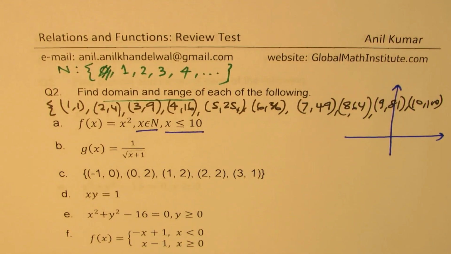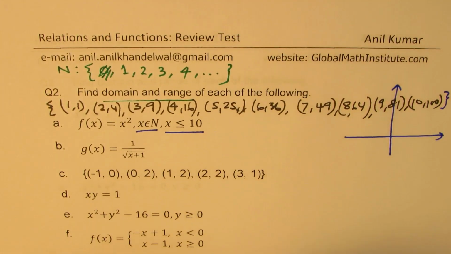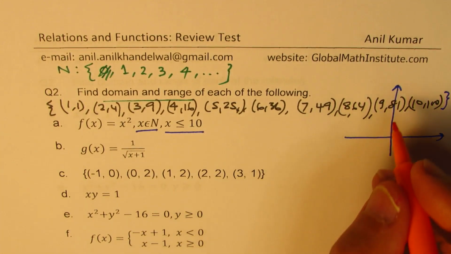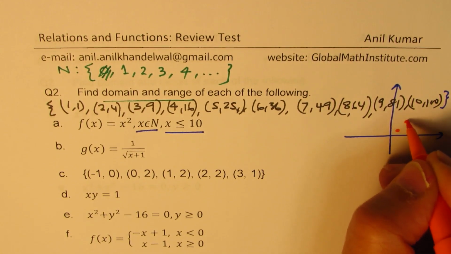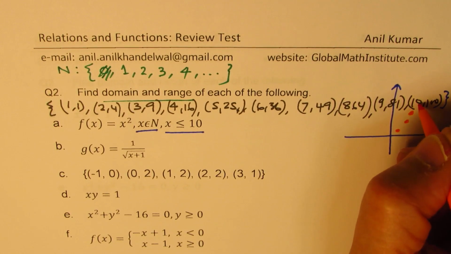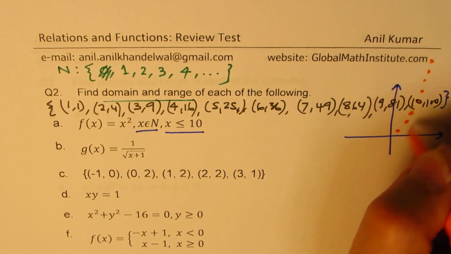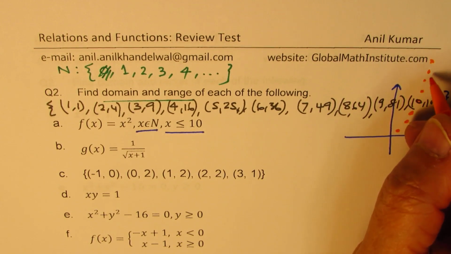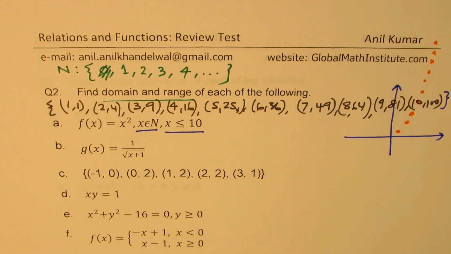So what you notice here is that we get only some points, and these points can be represented by dots. So 1 square is 1, then 2 square is 4, then we have 3, 4, kind of like this. Do you see that? So we have these 10 points, 1, 2, 3, 4, 5, 6, 7, 8, 9, 10, representing these dots.